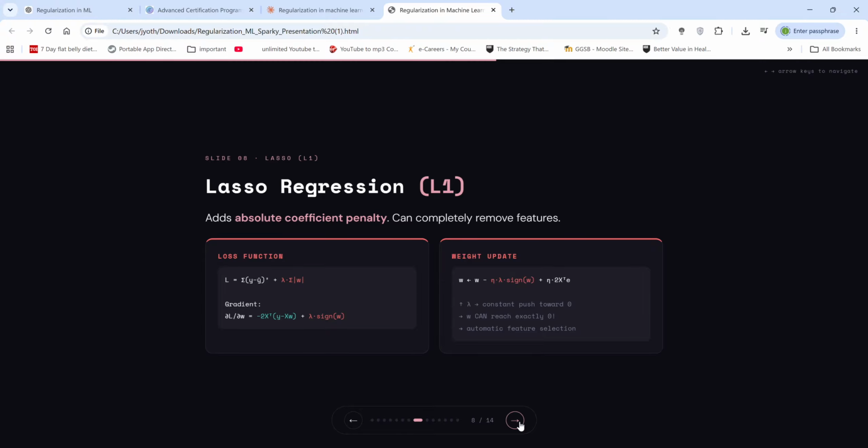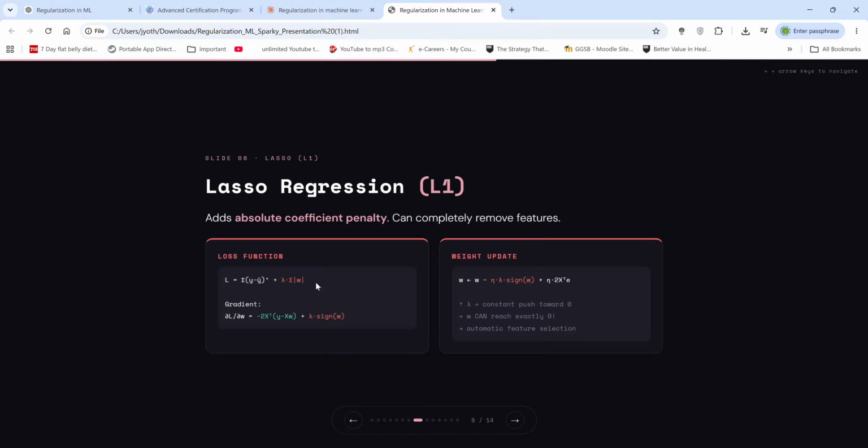The lasso function is the same as what we discussed for ridge. If we have understood ridge very well, then understanding lasso becomes very easy. The only difference is in the loss function. In ridge, we added lambda times the weight whole square. But here we are not adding the weight squared, we are adding the absolute value of the weight.